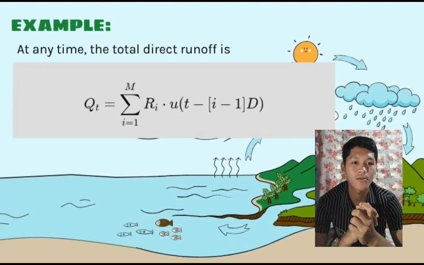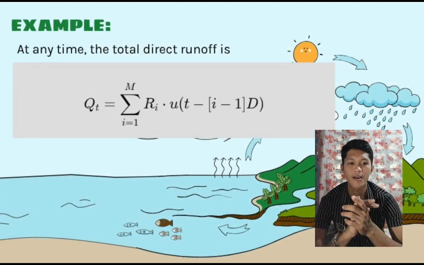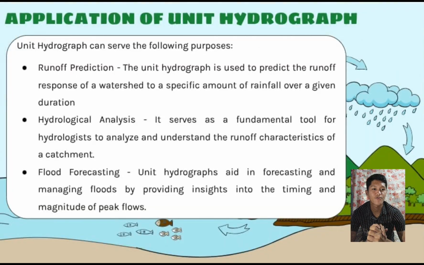Next one is the formula of derivation of unit hydrograph. Application of unit hydrograph. Unit hydrograph can serve the following purposes. Runoff prediction. The unit hydrograph is used to predict the runoff response of a watershed to a specific amount of rainfall over a given duration.